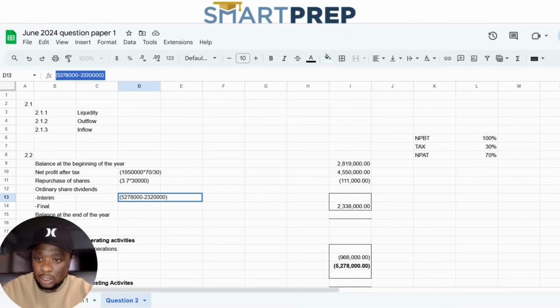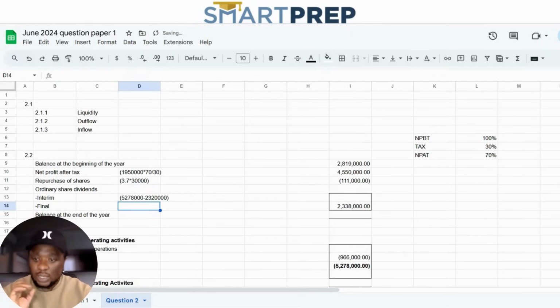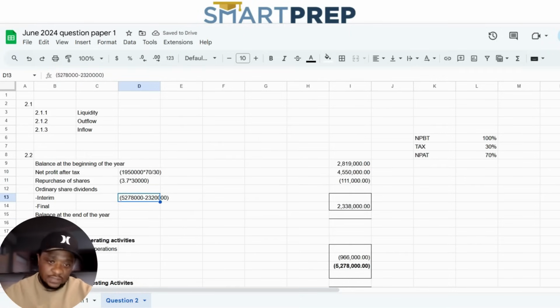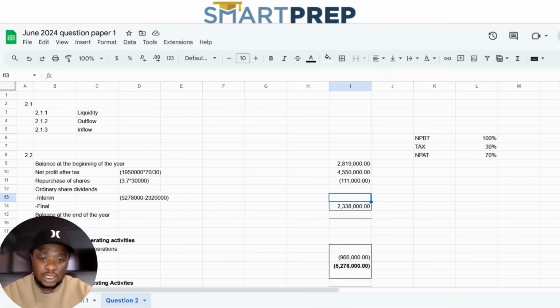Remember, guys, when we talk about dividends paid, we're essentially talking about the dividend from the previous year, which you would get as shareholders for dividends at the beginning of the year, and also the current year interim dividend. So if you paid 5,278,000 and there was a dividend of 2,320,000 at the start of the year, that means 2,958,000 was paid towards the interim dividend.